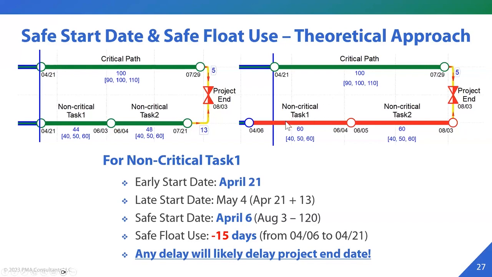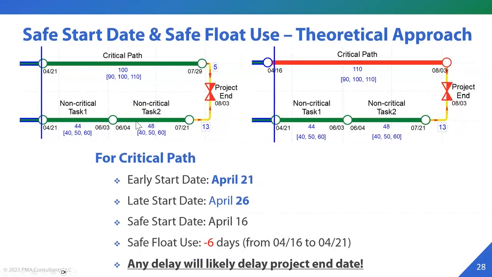So we are saying, in order to avoid any impact on project end, non-critical task 1 should have started by April 6th. However, we were going to start it on April 21st. So we are already too late by 15 days in this case. So at this point, it is likely that if you put in any delay on non-critical task 1, it will delay the project end date.